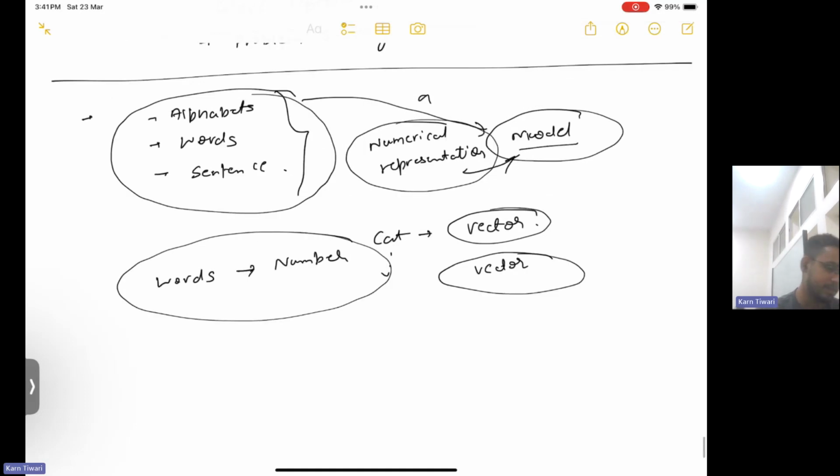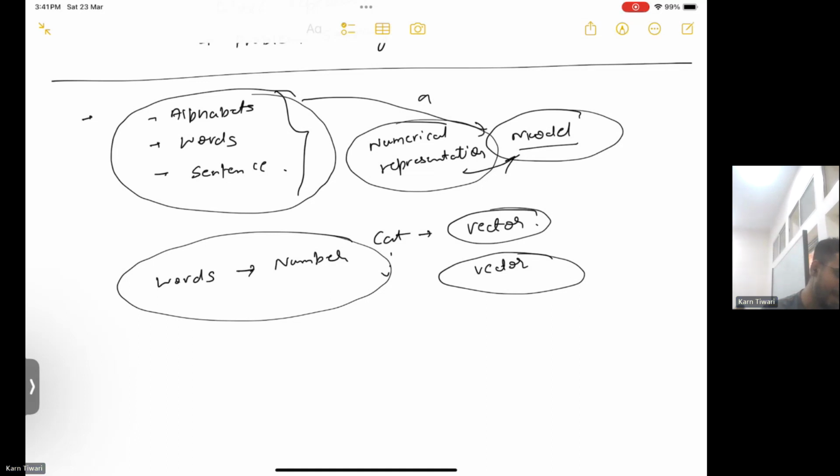Unlike image data, where we are given pixel values, RGB values, in natural language processing we usually have the flexibility to design this numerical representation for each word. In images the pixel value is already fixed; that's how the image is represented.